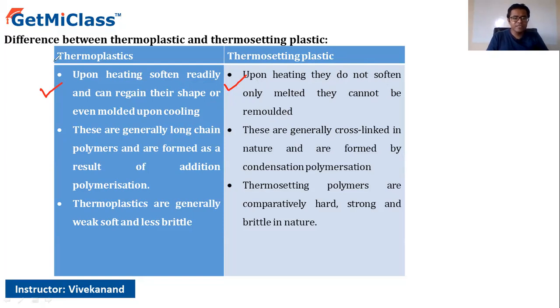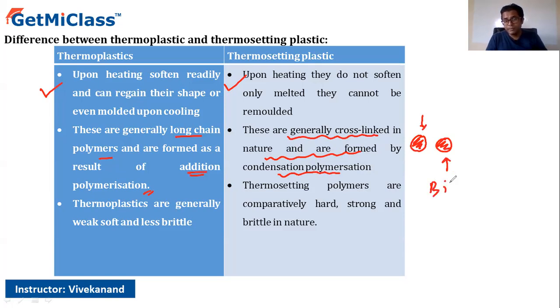In the second case, thermoplastics are generally long chain polymers formed as a result of addition polymerization. Thermosetting plastics are generally cross-linked in nature and are formed by condensation polymerization. In condensation polymerization, as I already told you, the monomers involved in the formation of polymers are usually bifunctional or trifunctional, correct?